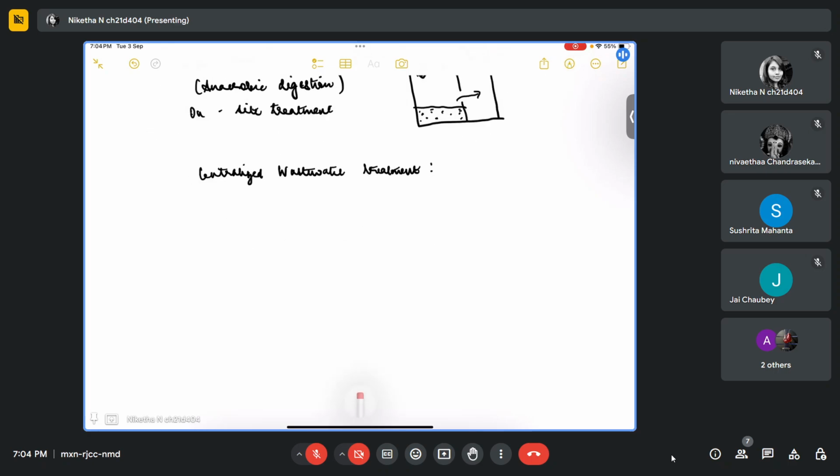Okay, generally what happens in a centralized wastewater treatment or municipal wastewater treatment plant is that raw sewage will be collected and passed through screens. Just like we had screening for water treatment, here also we will have screens, and here also we can have coarse and fine screens.